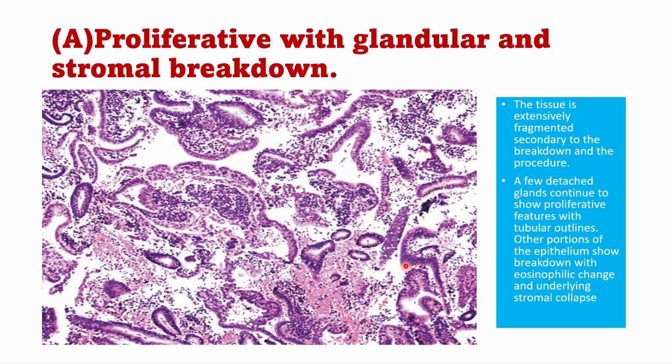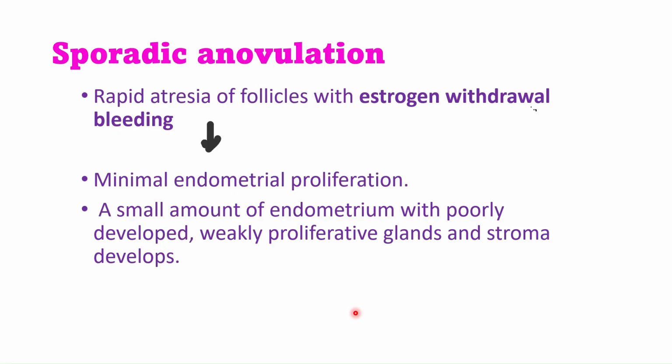A few glands here show a proliferative phase. Some of these glands are fragmented, and here the tubular glands or weak proliferative glands are seen. Along with this, eosinophilic change in the glands is also seen, and the stroma is totally collapsed. So this is proliferative with glandular and stromal breakdown.